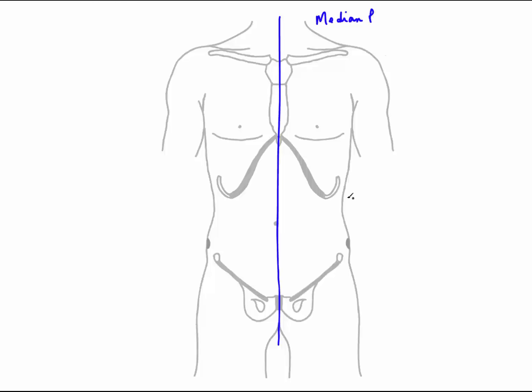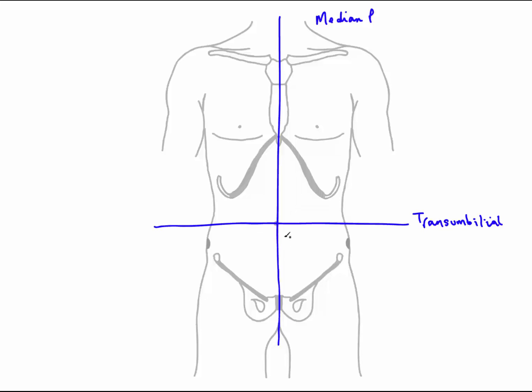If we then draw a horizontal plane that goes across at the level of the umbilicus, the transumbilical plane, then we can divide the abdomen into 4 quadrants.